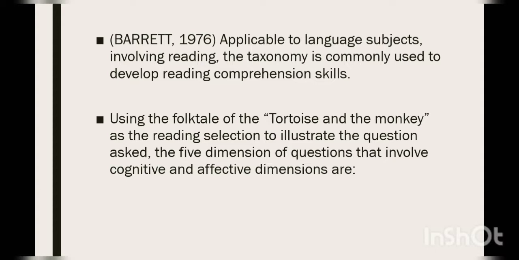Similarly, these categories are the basis in developing test items to measure the mastery of the same skills. Using the folktale of the tortoise and the monkey as the reading selection to illustrate the questions asked, the five dimensions of question that involve cognitive and affective dimension are the following.